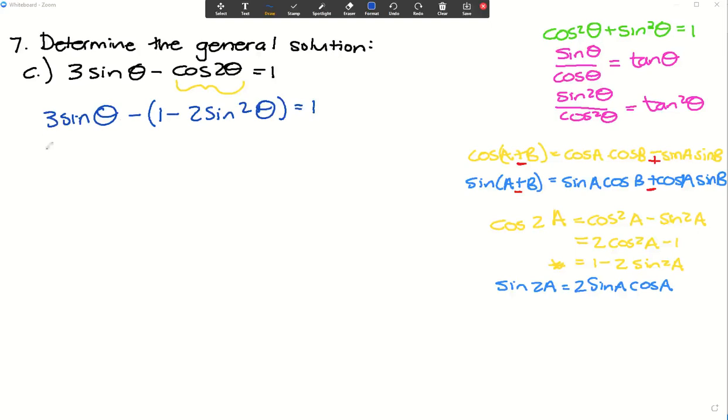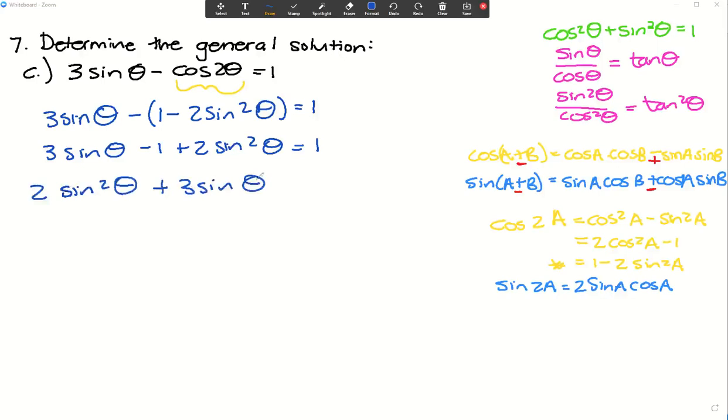We distribute that negative in, we end up getting 3 sine theta minus 1 plus 2 sine squared theta is equal to 1. We bring this 1 across, it becomes a minus, and then I arrange this in descending order of powers. We have 2 sine squared theta plus 3 sine theta minus 2, all equal to 0.